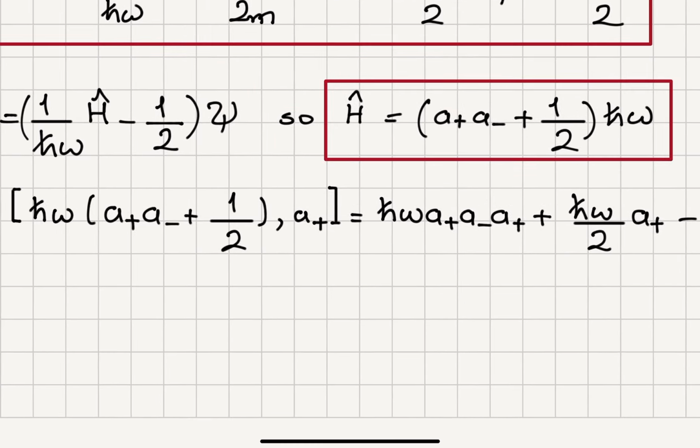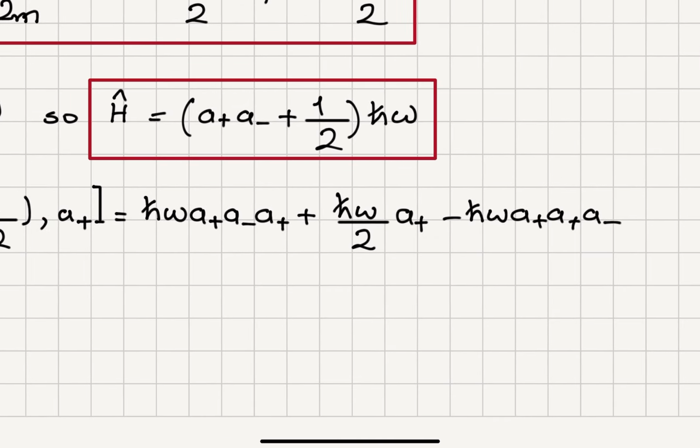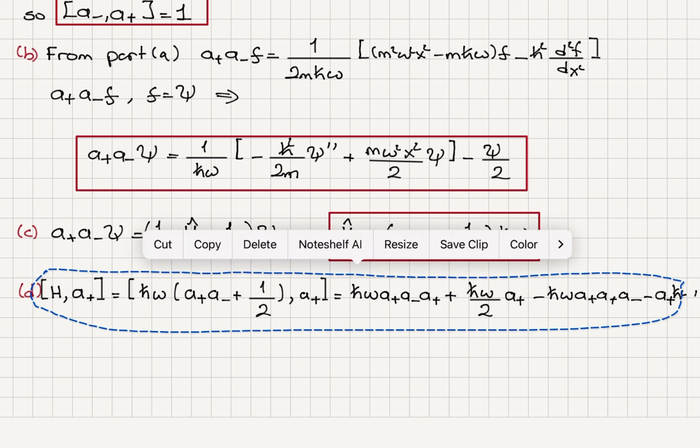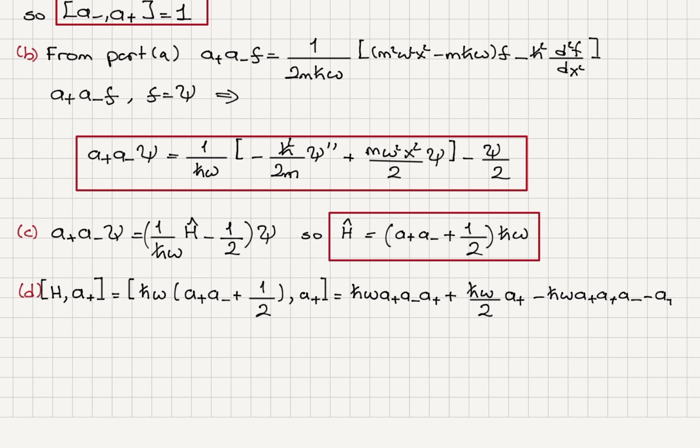And then we have H bar omega over 2, but with the minus A plus operator applied afterwards. So this is minus A plus H bar omega divided by 2.